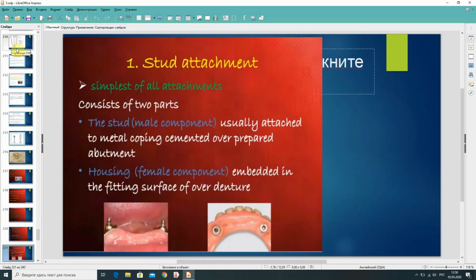Stud attachment. Simplest of all attachments. Consists of two parts: the stud and the housing.